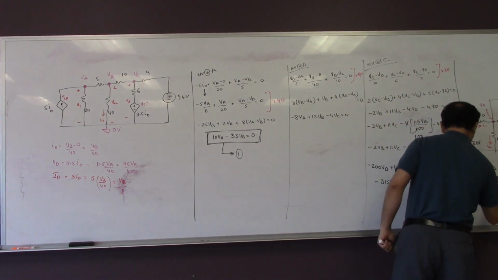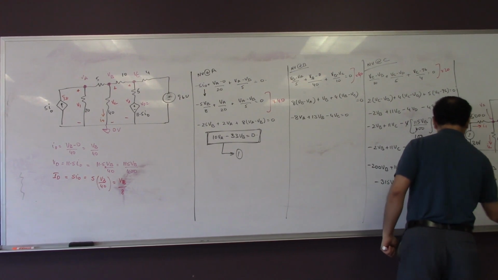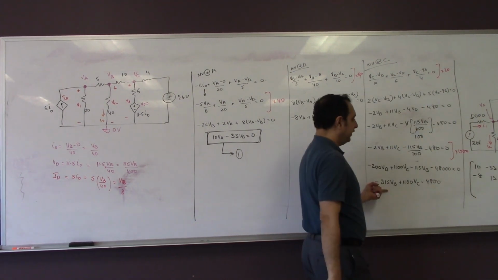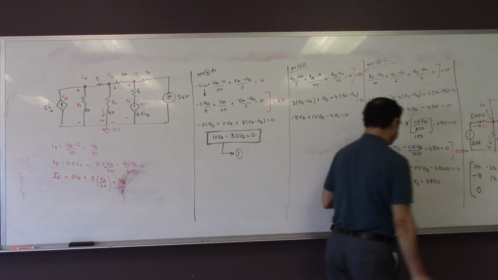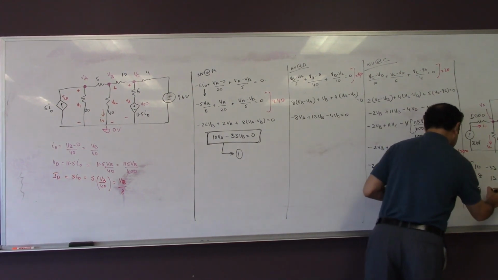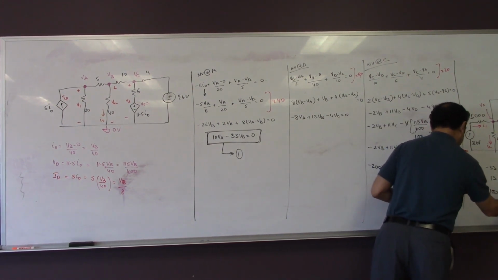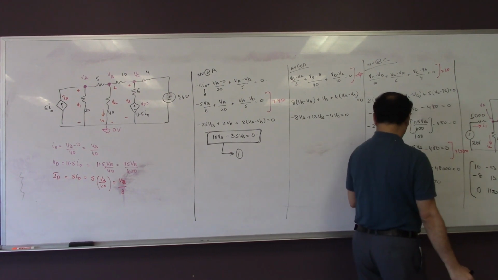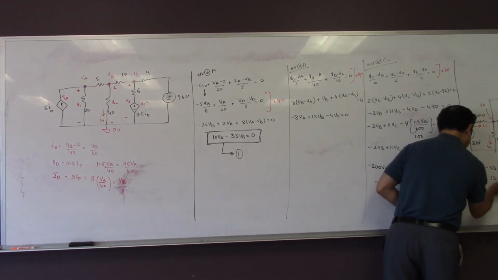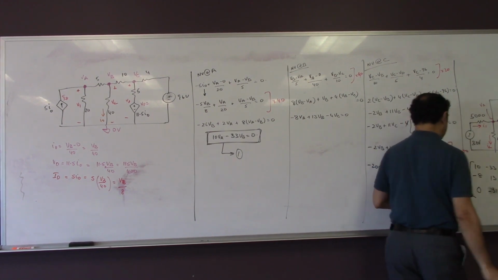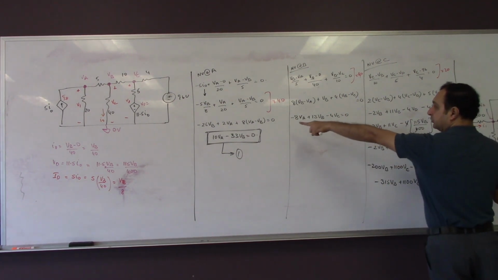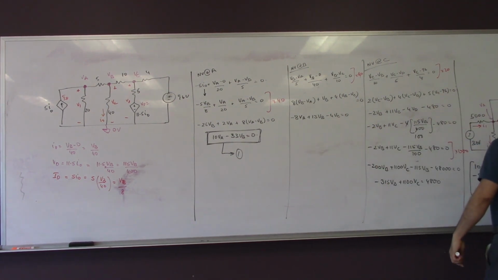There is no A here, so we'll write a 0 for it. 1100, sorry, 315 and 11, will be equal to 0, 0, 0, 0, and 48.